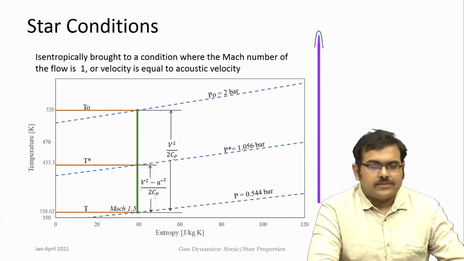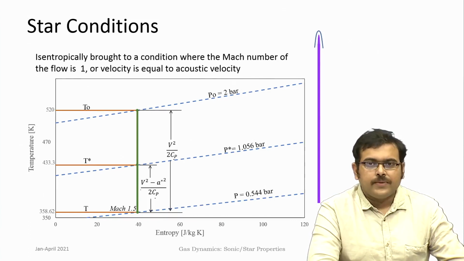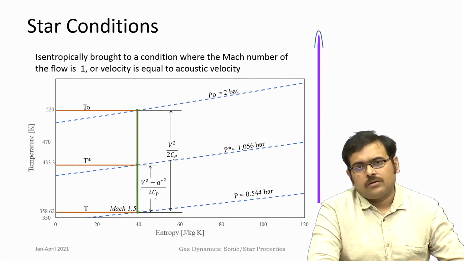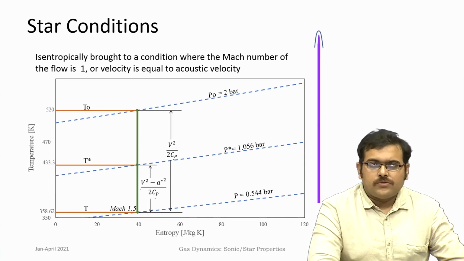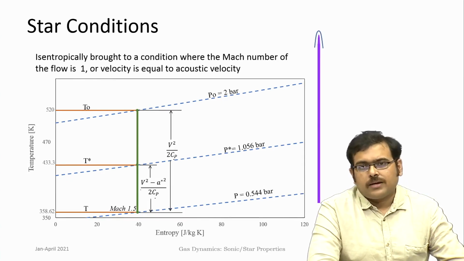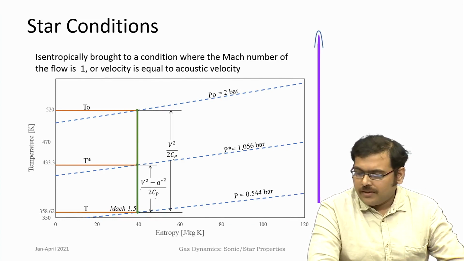That means it is an isentropic process with no work being done. It is moved from that particular point to a point where the velocity becomes exactly the same as the acoustic velocity, or the speed of sound.